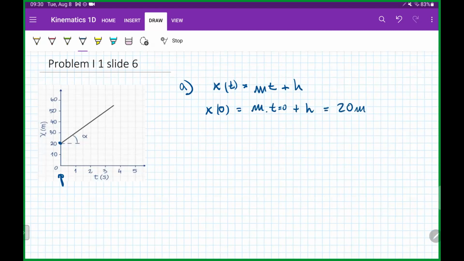So h is basically 20 meters. That's the offset that we have, the starting point of the movement. So this particle is starting its movement shifted 20 meters from the 0 of our system of reference.